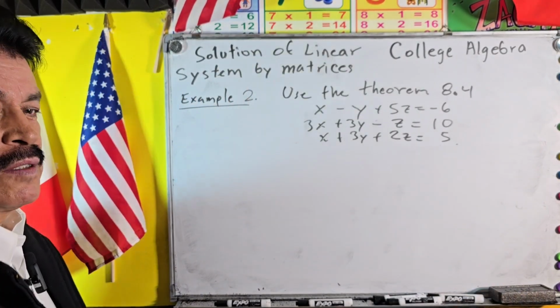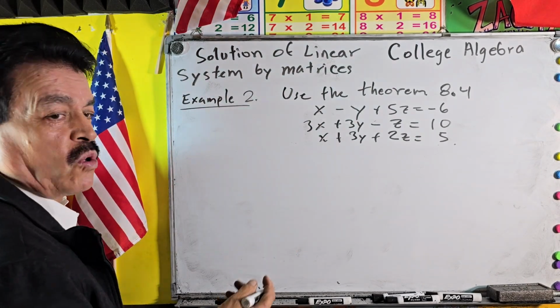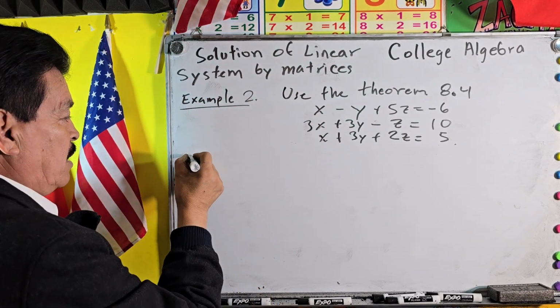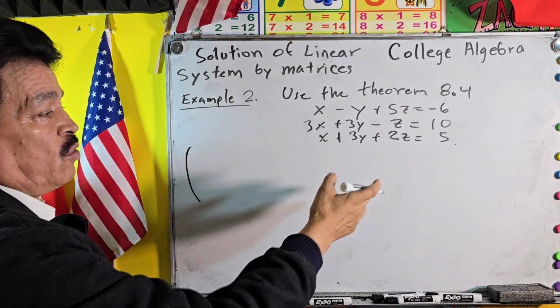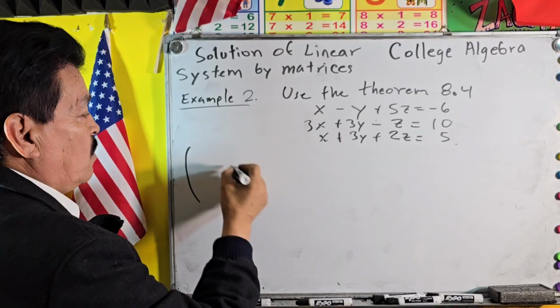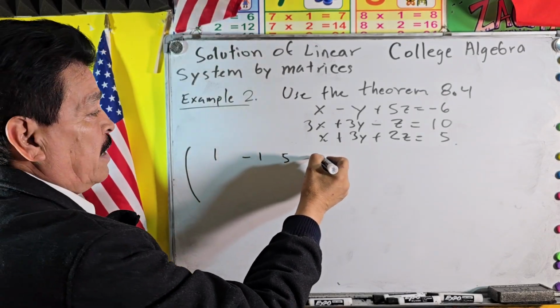So this method. So the next process, the second row, I write the answer here first, and then I will write what happened. Okay, so 1, -1, 5, -6.